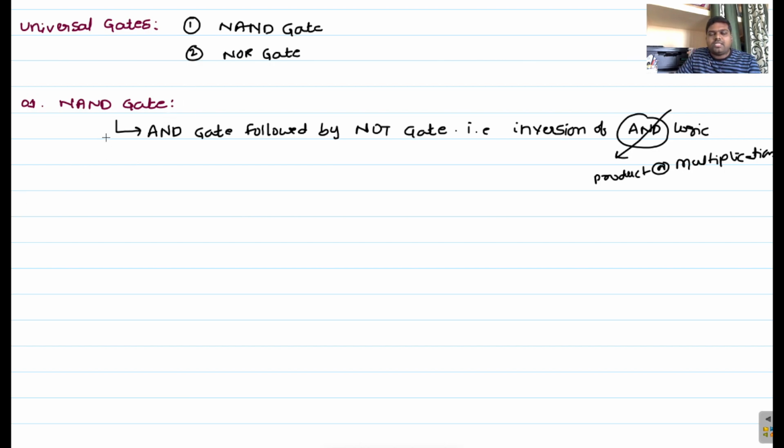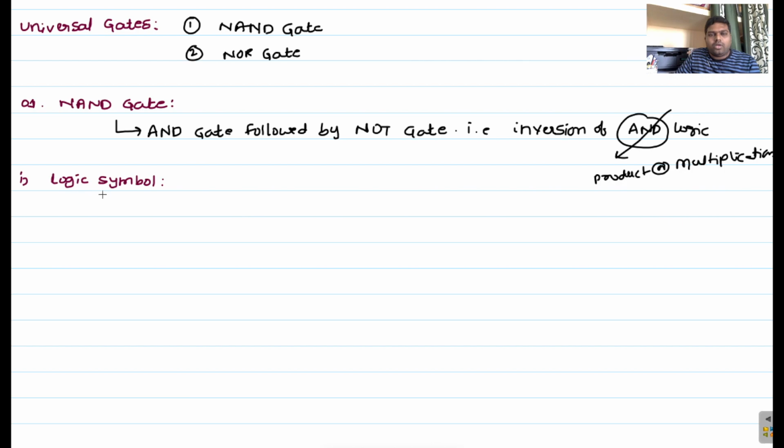Okay, and the next one, logic symbol for this NAND gate. Always remember, first step is a logic symbol, after that truth table, and after that switching circuit diagram. These are the three steps for these logic gates.